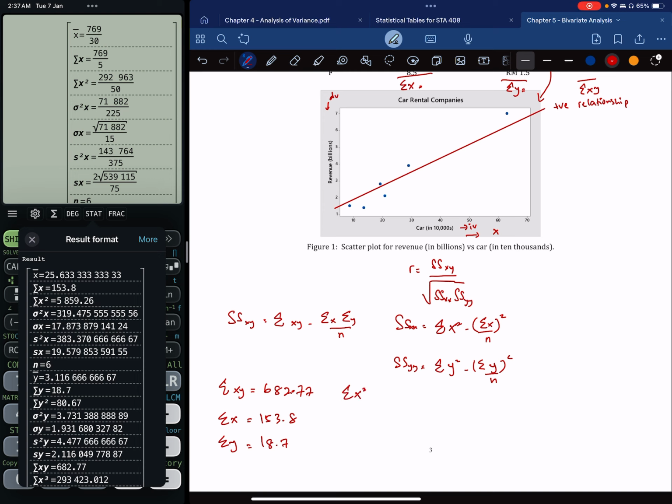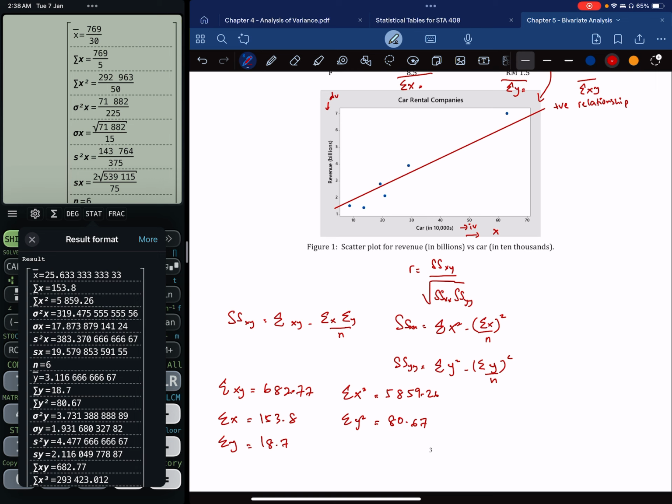Summation of x squared equals 5859.26. Summation of y squared equals 80.67. So list all the values for the summations first, and then you transfer them into the formula.